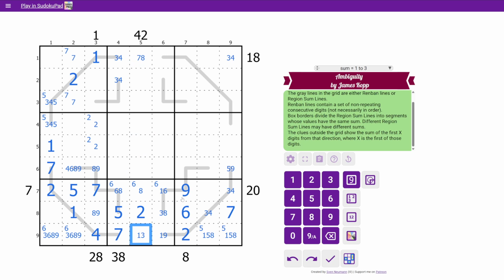Okay. So this is only 1-6. Now, is there anything else that could be here? Probably a 1. And a 4. I don't think a 6 goes here. In fact, I already took it out. I just forgot the corner mark.